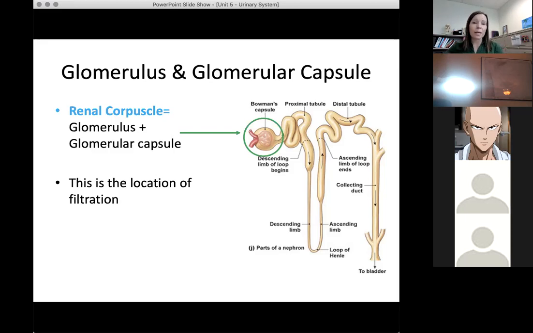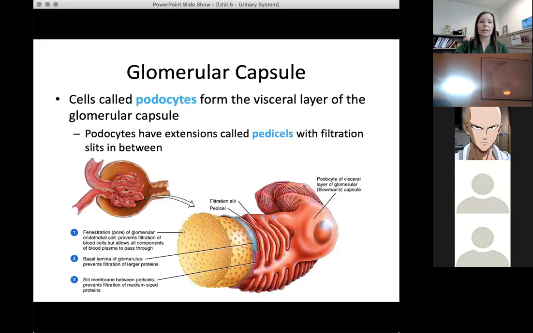The other component of the renal corpuscle is the glomerular capsule. If you take the renal corpuscle and isolate it, this is what it looks like. Here's the glomerulus, that's the capillaries in the middle, and the glomerular capsule surrounds it. For a description, you can add that it's a cup-shaped structure that surrounds the glomerulus.